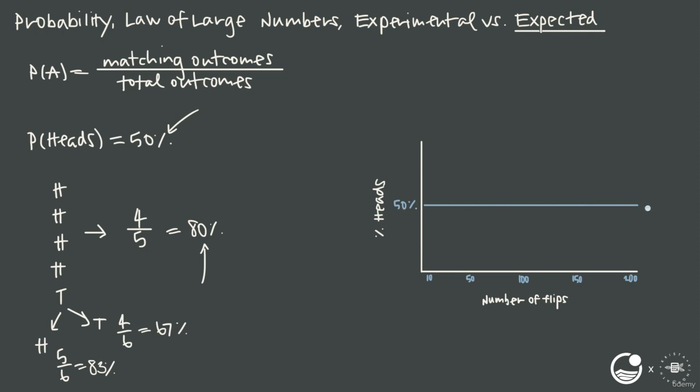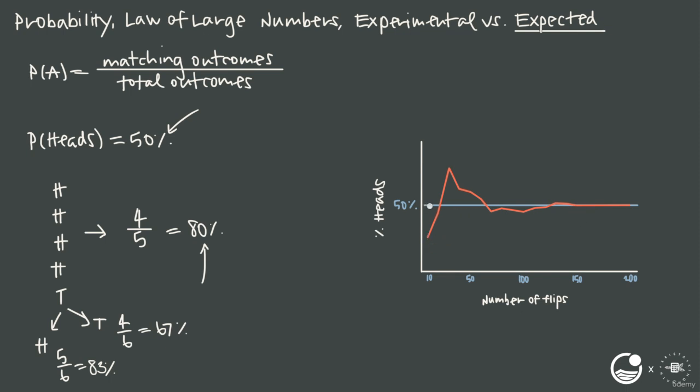So we should have this line here, but if we were to sketch in some data from our coin flipping experiment, it's possible it might look something like this. When we have a very small number of flips, our percentage of heads might be far from this 50% expected probability figure. And in general, with each additional flip, so maybe this is where we are at 10 flips, at the 11th flip, we might move further from this 50% line or closer to it, and we might go farther away from the line for a while.